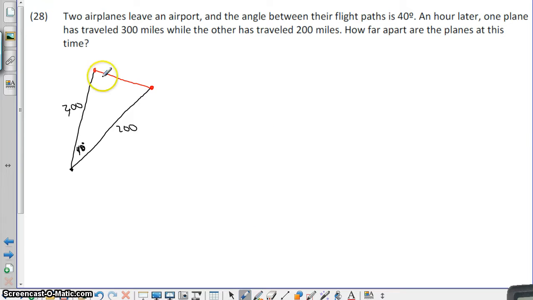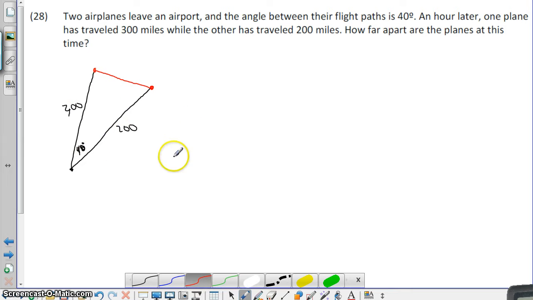Basically, this is a problem that isn't as easy as the Pythagorean theorem because you don't know if there's a 90-degree angle here. All you know are these sides. So at this point, we could use either law of sines or law of cosines. We're going to use law of cosines here.